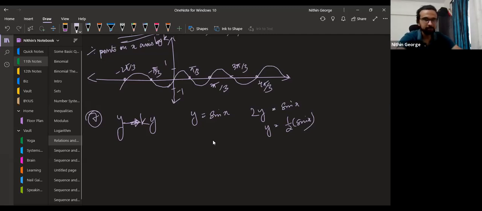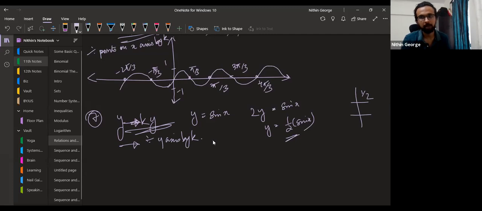So here it's nothing but divide the y-axis by k. When I make it 1 by 2, instead of going from 1 to minus 1, you make sure it goes from half to minus half. Within this, everything will be there. Got it? It's a horrible graph, but yeah. You get the idea?